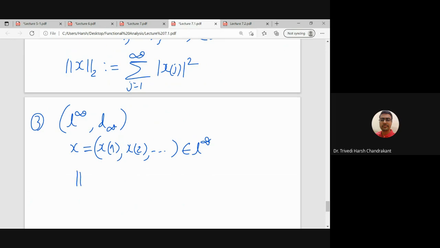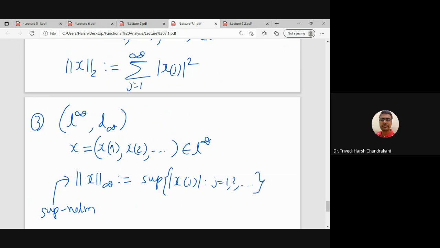Then the sup norm, so this is known as the sup norm, is defined as the infinity distance of x and 0, so that is supremum of modulus of xj, j belongs to the set of all natural numbers.